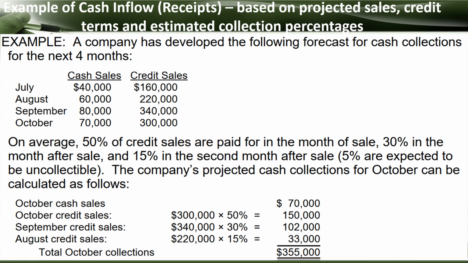And August will be 15%, that means 2 months after, so we take that from the August sales. So overall the total October collection will be 355,000. This is how we see the projected cash inflow budget or forecast.